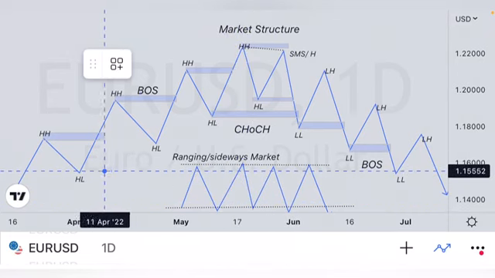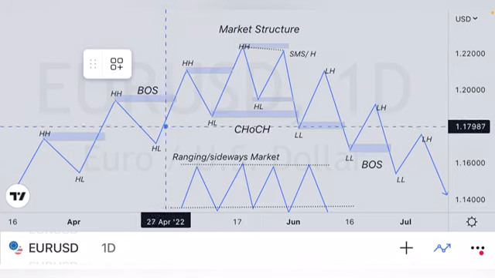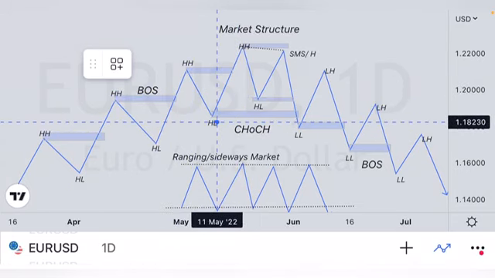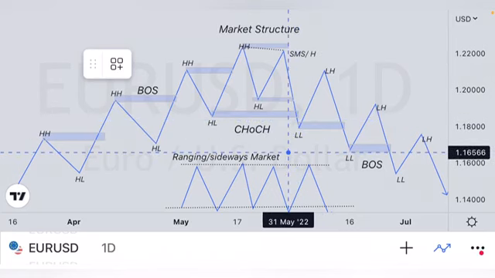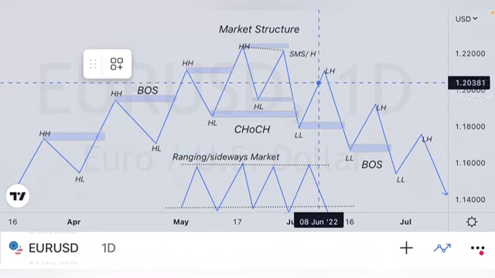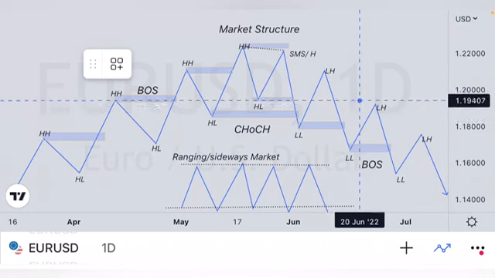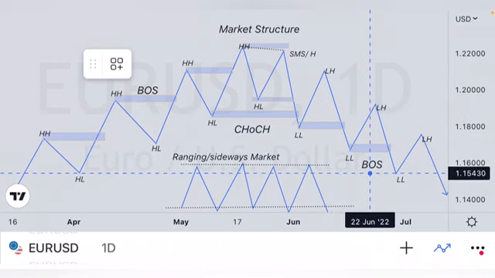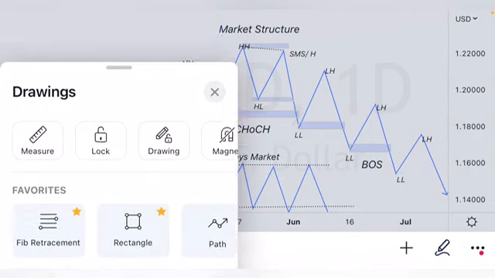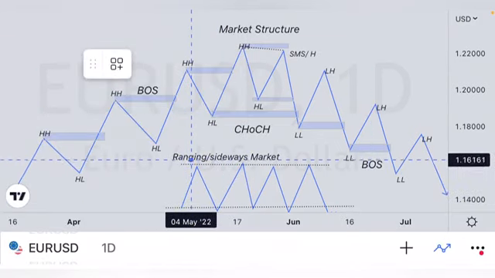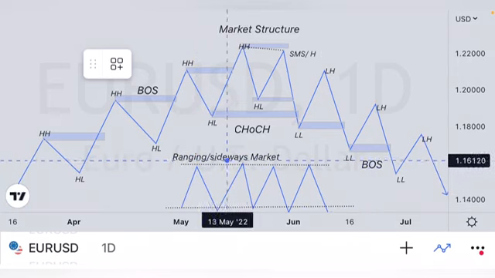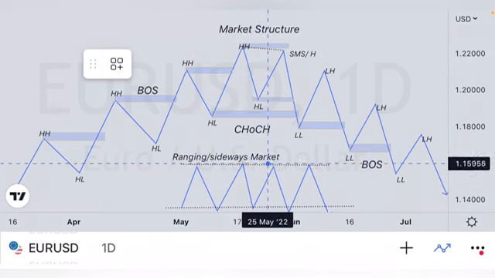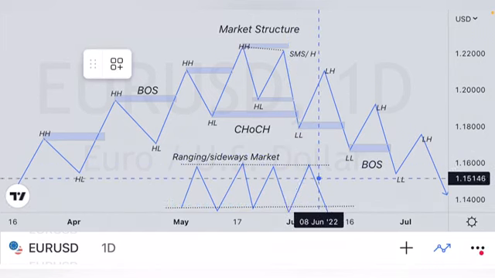The uptrend is where the market is moving higher, creating higher highs and higher lows, while the downtrend is where the market is breaking lower low structure, creating a downside market. The ranging market is when the market isn't moving to any side. It's just going up and down with no direction.